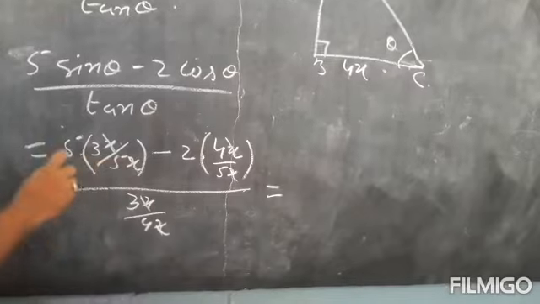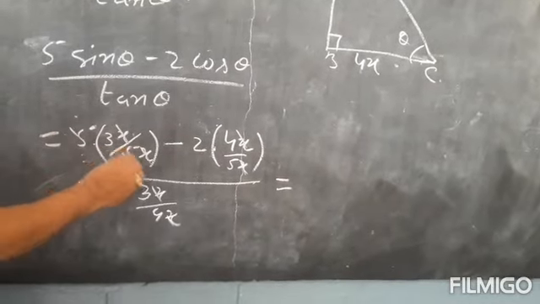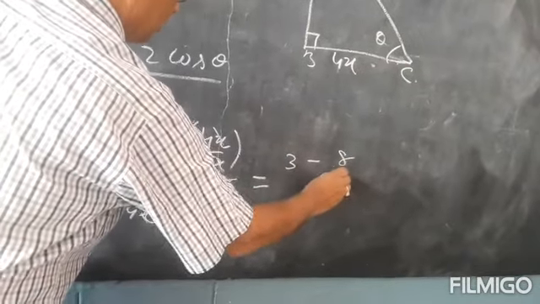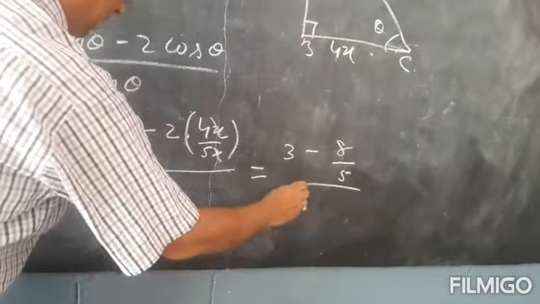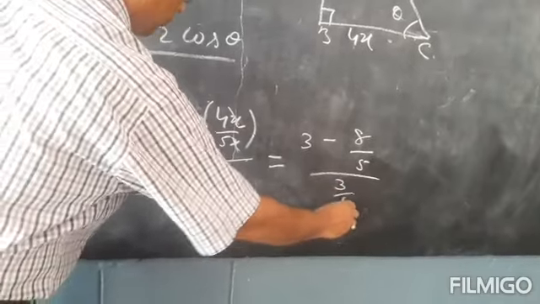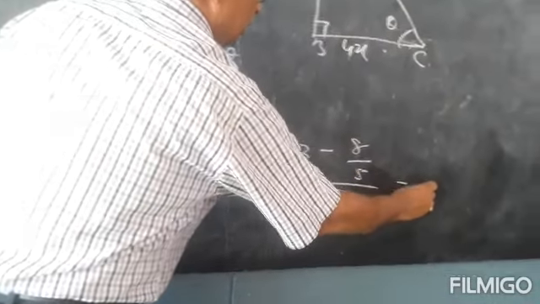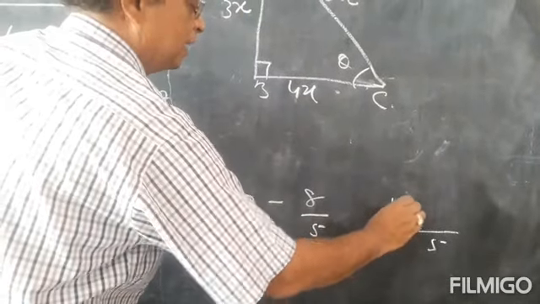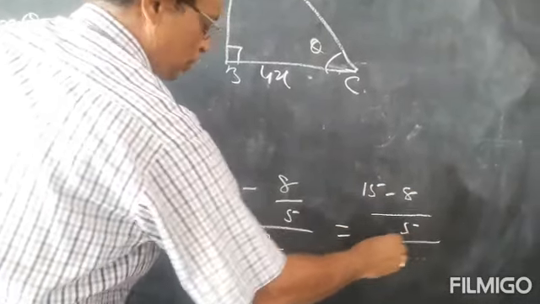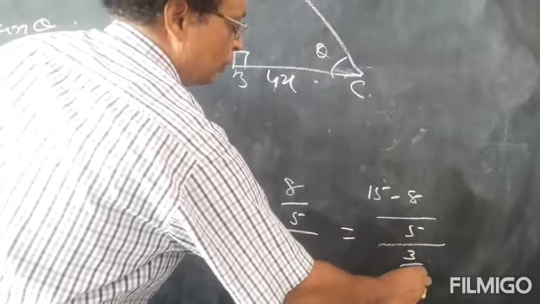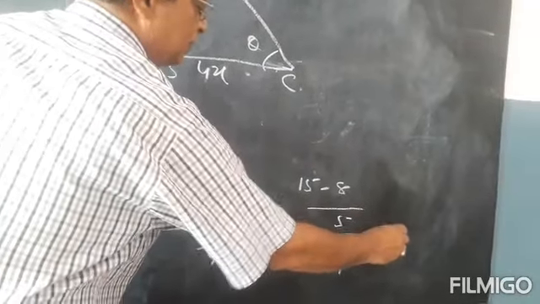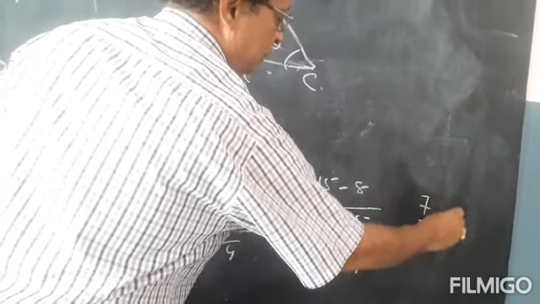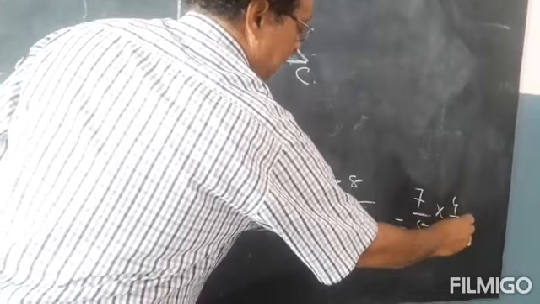Now this is equal to, this 5 will cancel here. So this is 3 minus 8 by 5 divided by 3 by 4. Now that is equal to, here LCM is 5, then 5 into 3, this is 15 minus 8 whole by 3 by 4. Now that is equal to how much? 15 minus 8 is 7 by 5. 7 by 5 into 4 by 3.